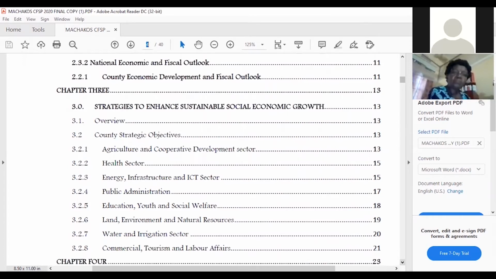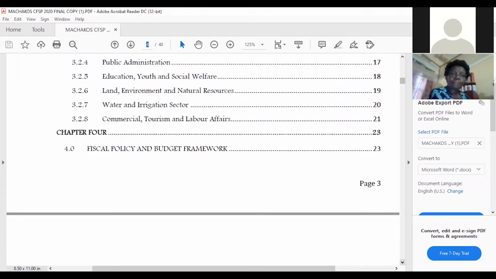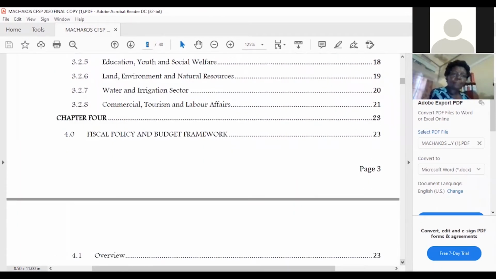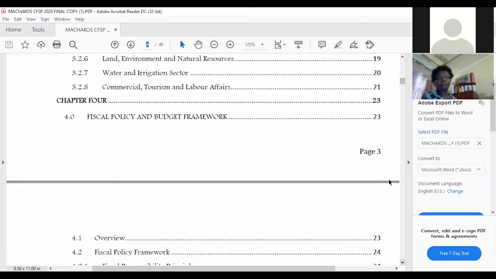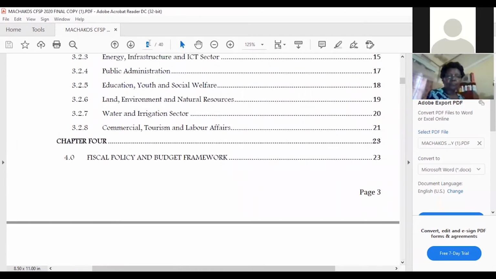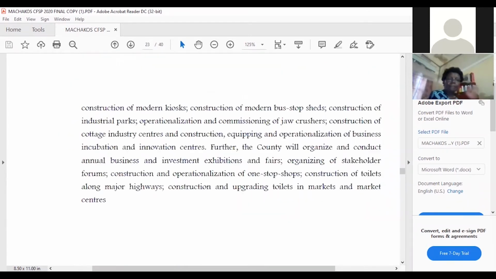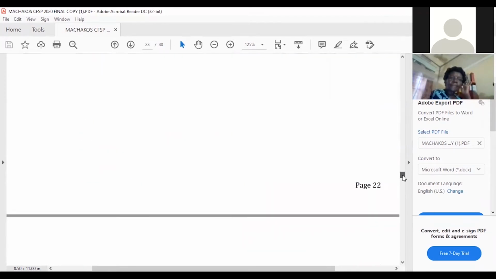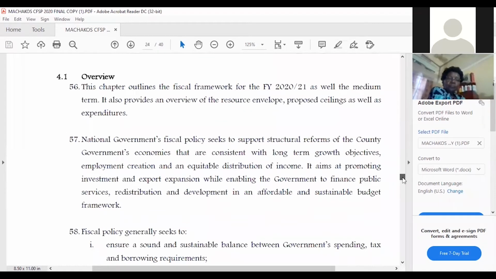So here it discusses now the different sectors, as you can see. And then chapter 4, now this one talks about the fiscal and budget framework. Now where we are going to also focus on. So I've clicked 23.